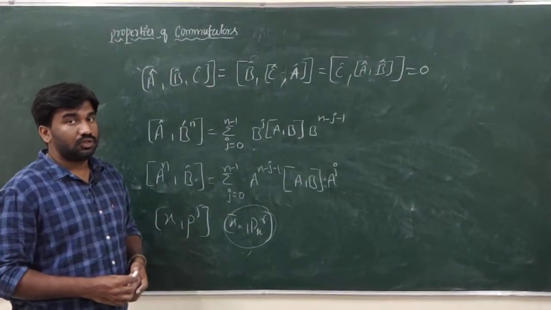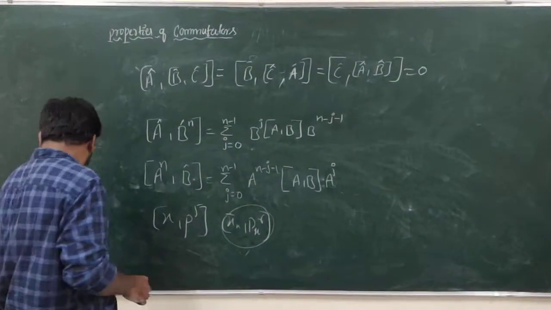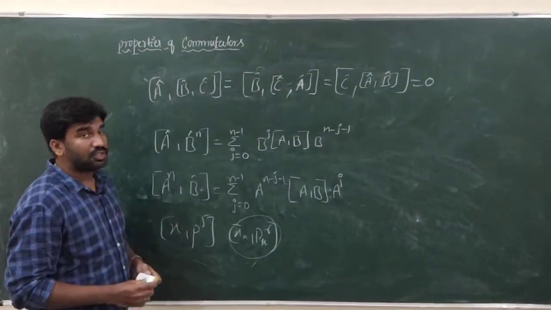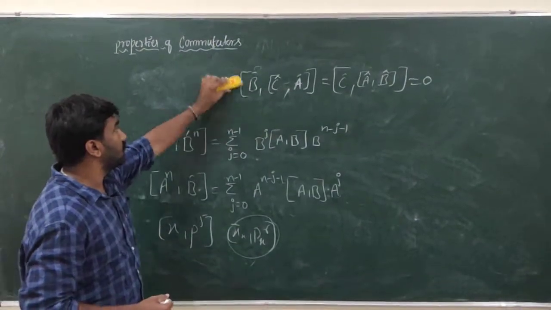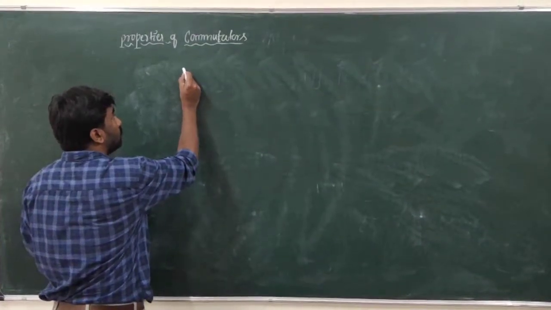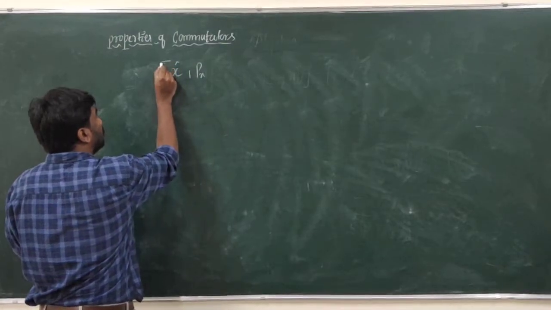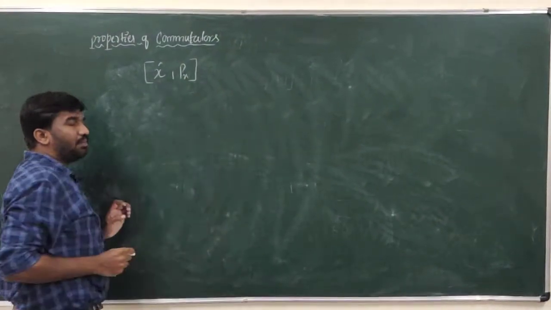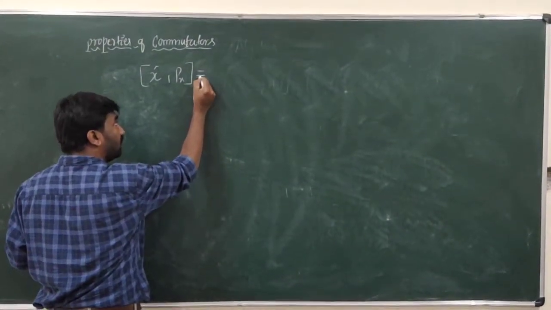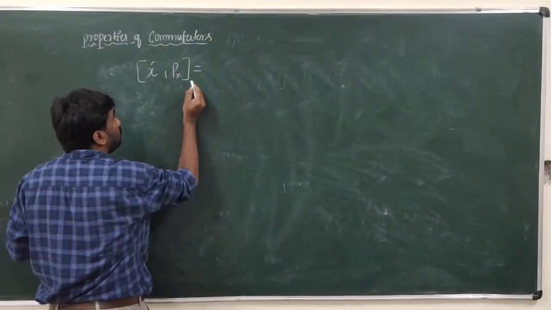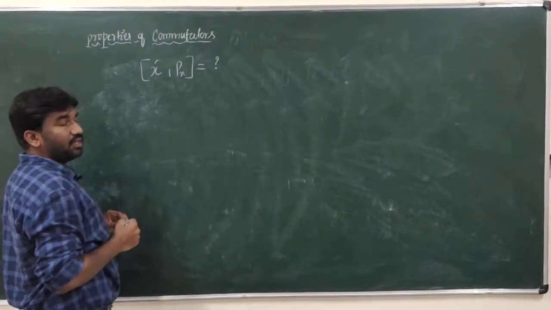Let us see what result we get when we take these commutation relations: [x, px]. These x and px are infinite dimensional matrices, so their commutator is definitely not equal to 0.